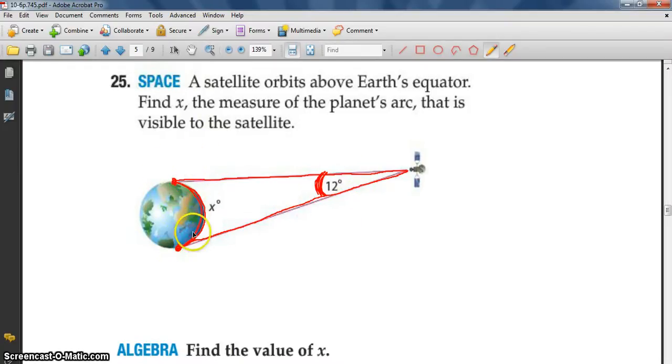I have one of the arcs, but actually this tangent line would continue on here, and this one would continue on there. So inside of this angle, what are the arcs? This side and this side.